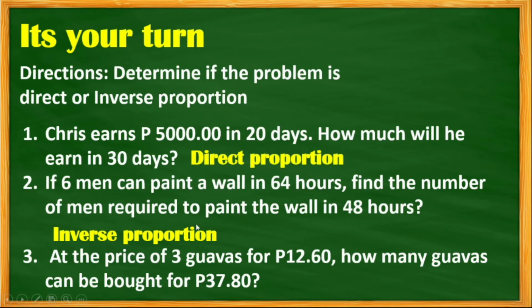And then for number 3, at the price of 3 guavas for 12 pesos and 60 centavos, how many guavas can be bought for 37 pesos and 80 centavos? This would be a directly proportional or direct proportion. Good job, grade 5 pupils. You already know how to identify if the problem is a direct or inverse proportion.